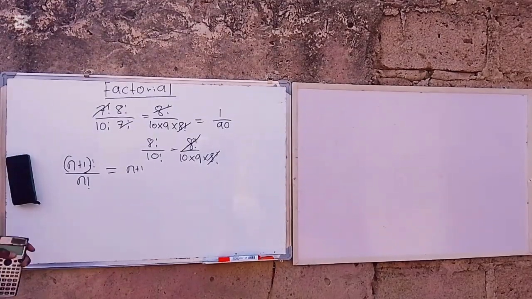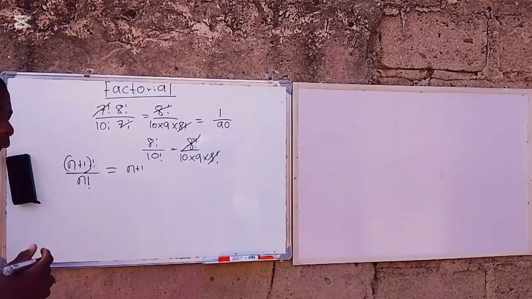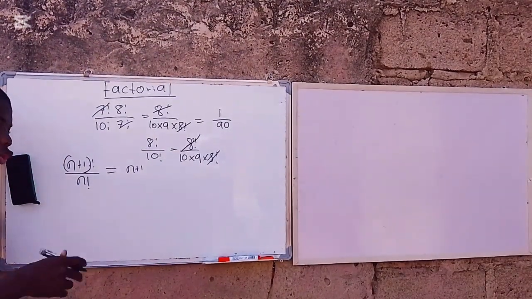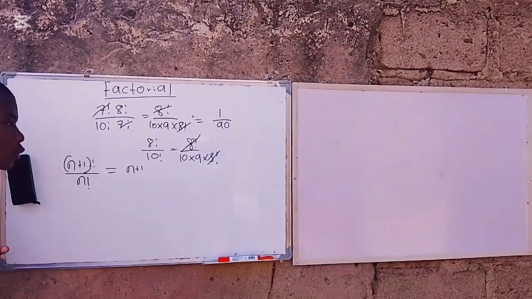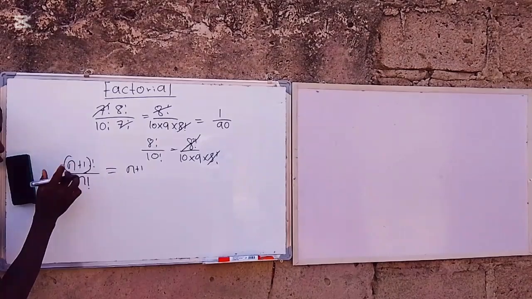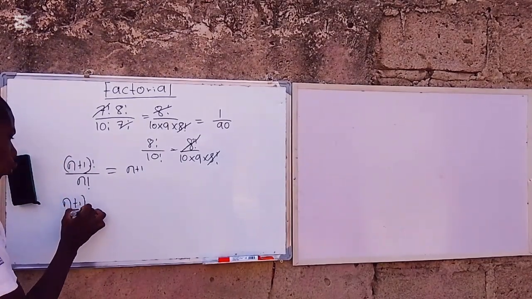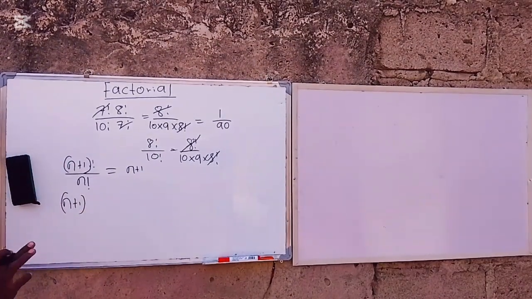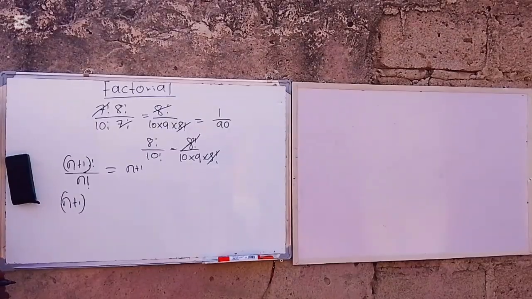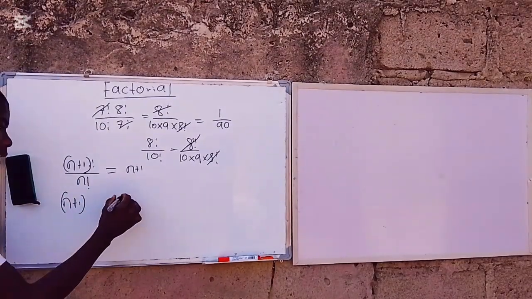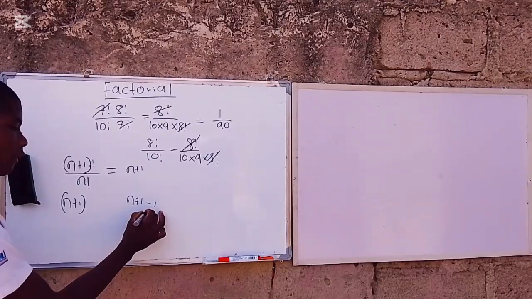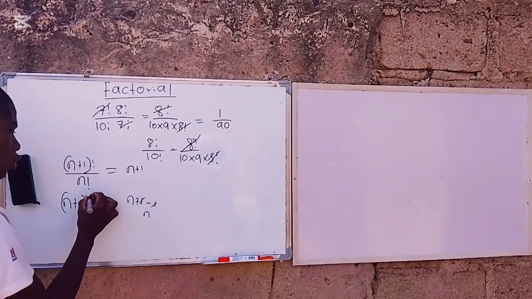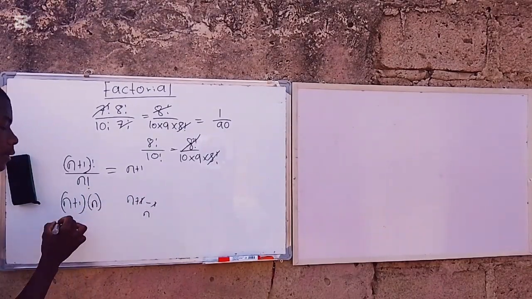If I ask what is n plus 1 factorial, the first thing you have to do is keep n plus 1 down, but without the factorial. After that, you subtract 1 from this n plus 1, so it will now be only n, because the 1 will become 0. So you have to say n.